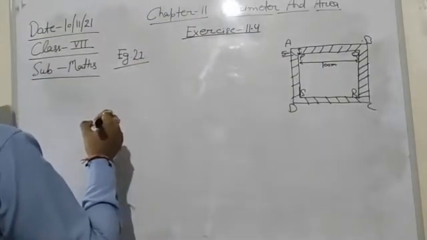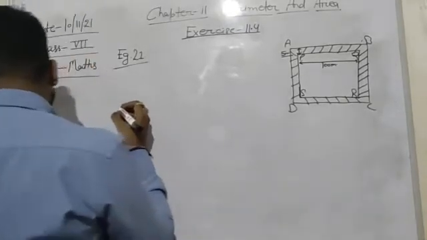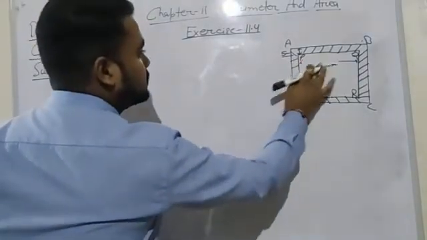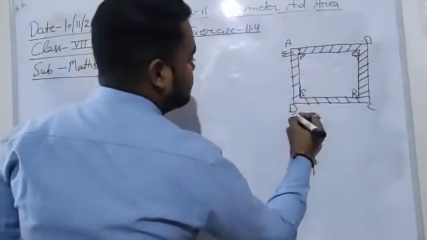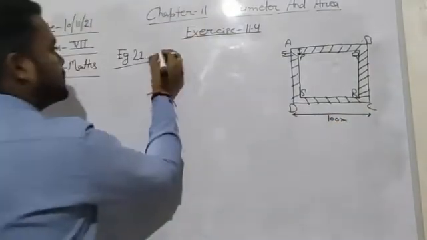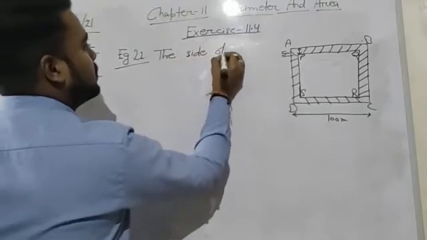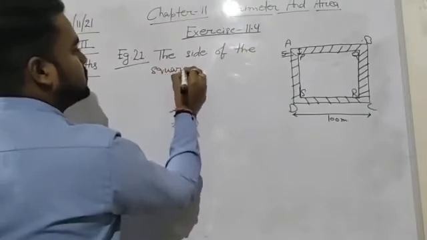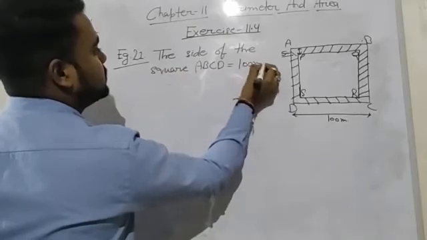So the side of the square ABCD is equal to 100 meter.